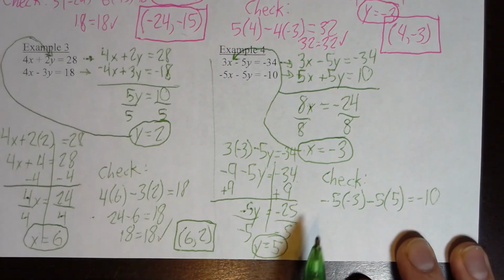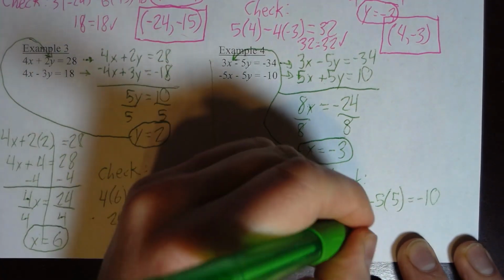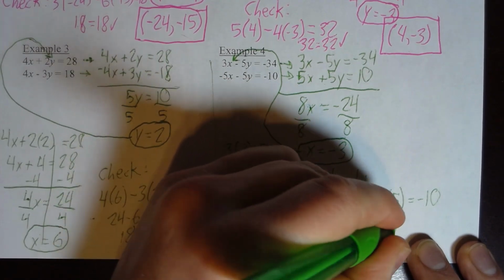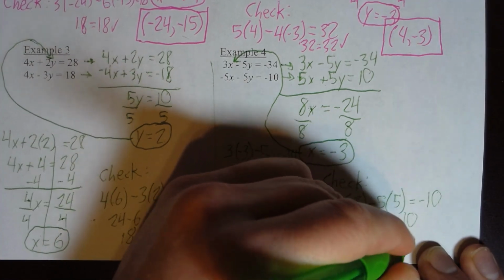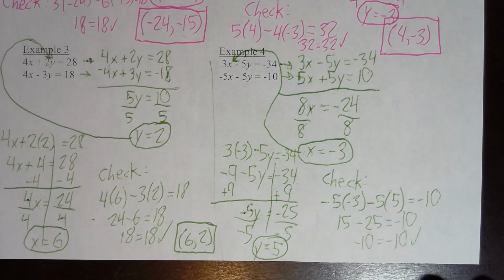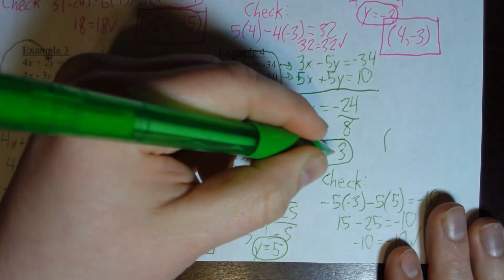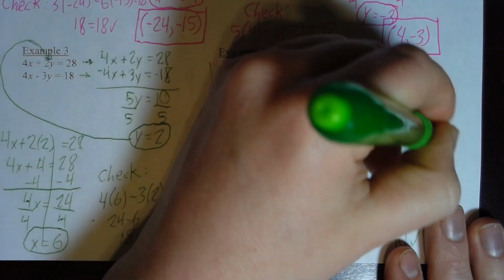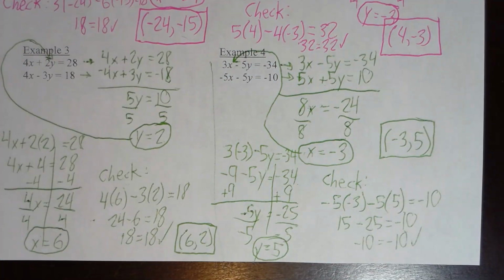And let's see if it does. -5 times -3 is 15 minus 25 equals -10, and that sure is true, that -10 equals -10. So finally I'm going to write my solution as an ordered pair. So I have -3, 5. I'm confident this is correct because I've checked it with both equations, and I am finished.